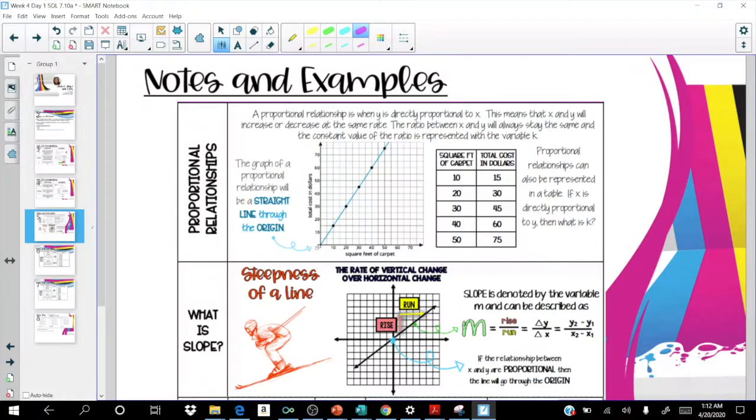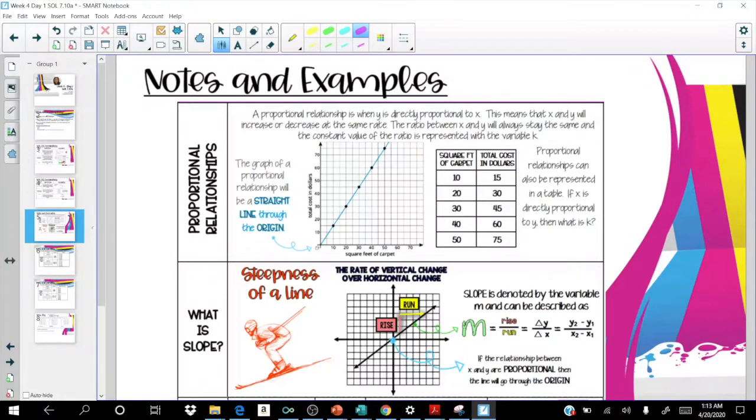As I said earlier, you can represent a proportional relationship in several different ways, one being a graph. But when you're talking about a graph and whether or not it represents a proportional relationship, there are two characteristics that the graph must have. Number one, the line will be straight, and secondly, it will go through the origin.